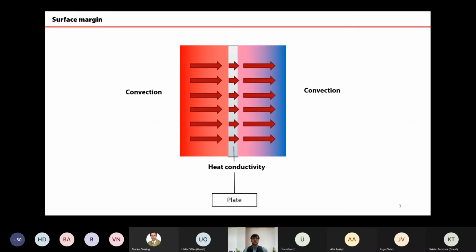When the heat exchanger is used for some time, of course, all the particles or chemicals dissolved in the working medias start depositing on the walls, adding 2 extra heat barriers along the heat transfer process. That means we add 2 extra heat conductivities between convection 1 and convection 2.